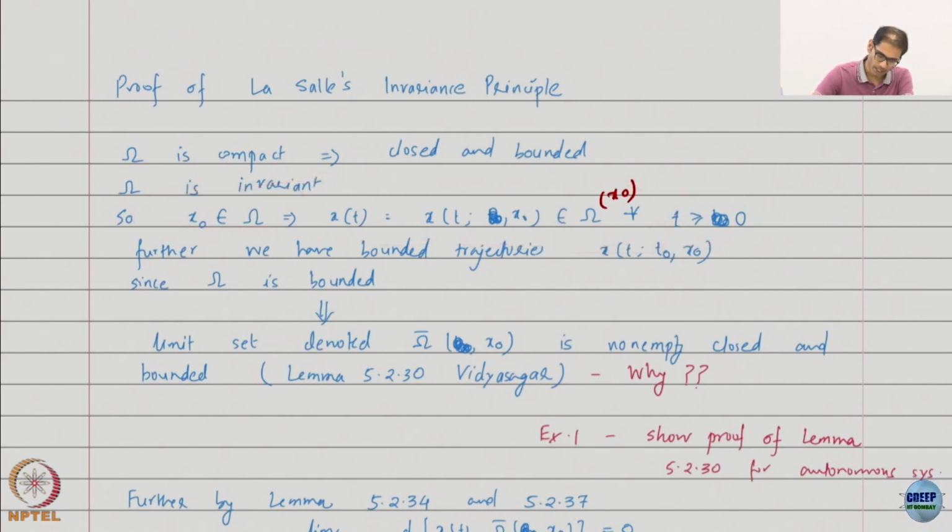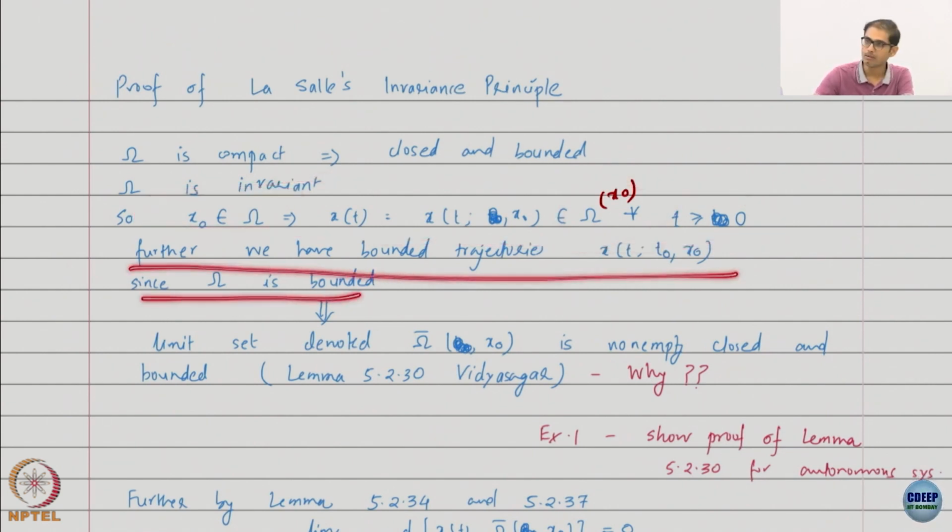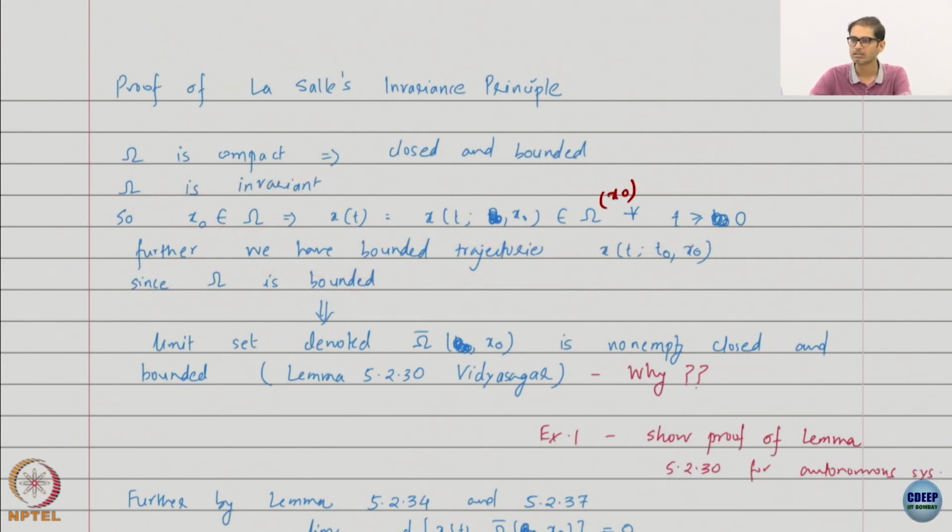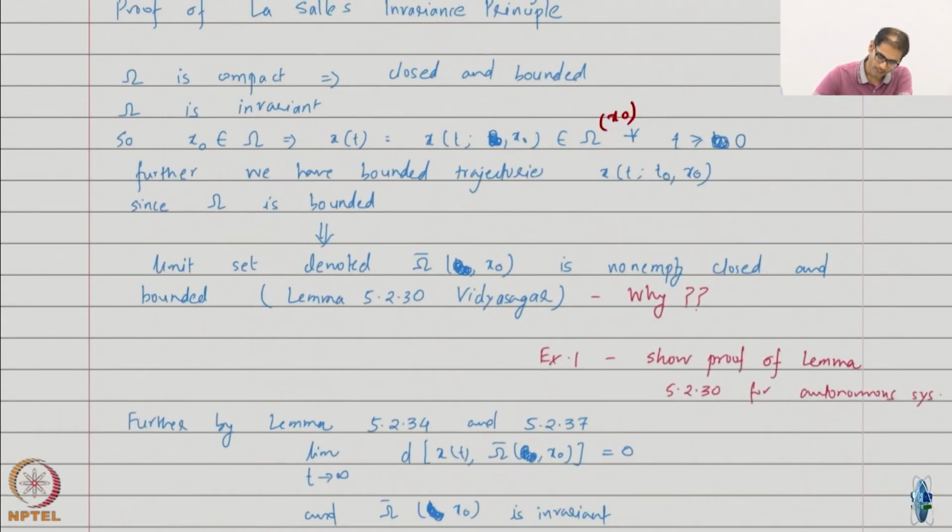Further, we have bounded trajectories because omega is bounded, correct? I already said that if you start in omega, you remain in omega, and the LaSalle invariance principle states that you have to start in the omega set. Great. So let us denote the limit set by omega bar. We are trying to find the limit set now, because we know that trajectories go to the limit set, by the definition of the limit set.